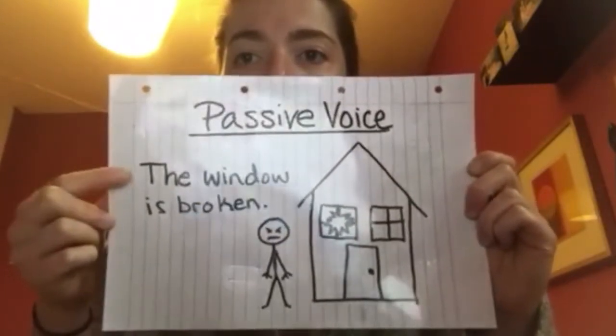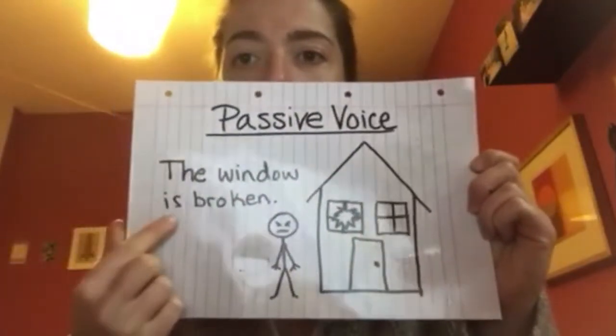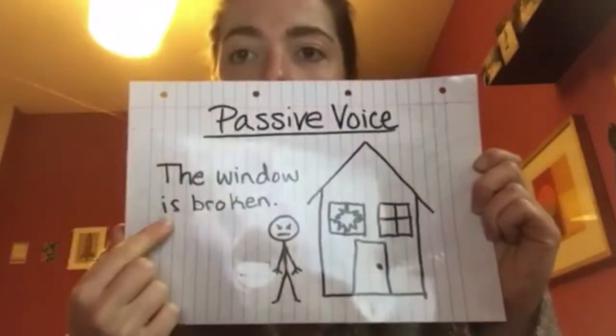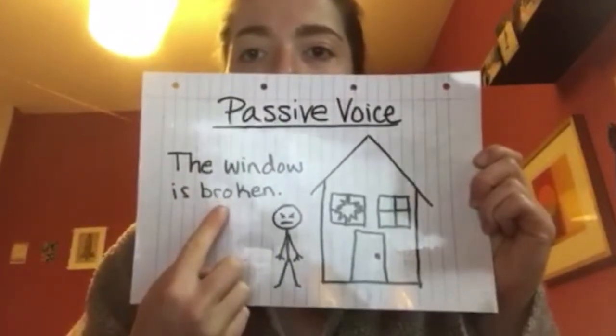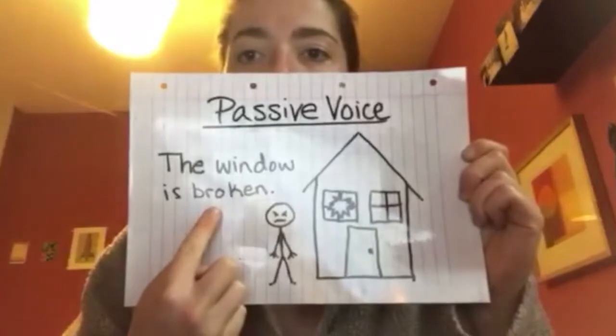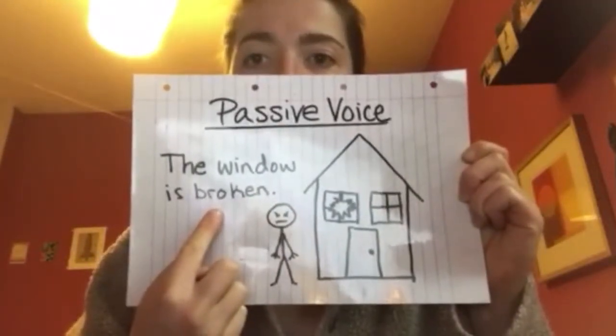So we start with the object, the window, then we have the verb to be in the present form, is. Then we have the past participle of to break, which is broken. Break, broke, broken.